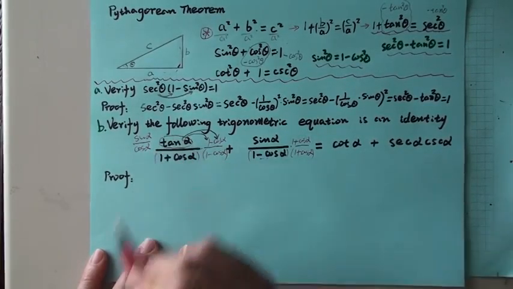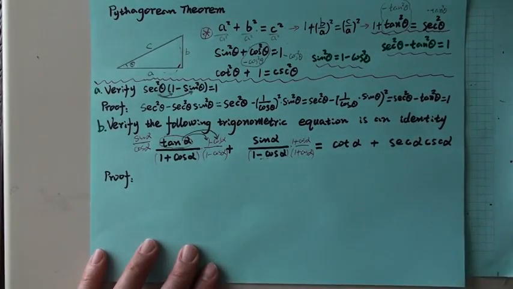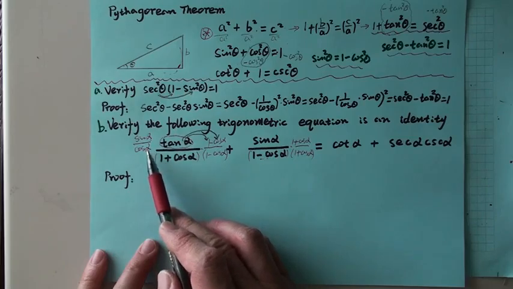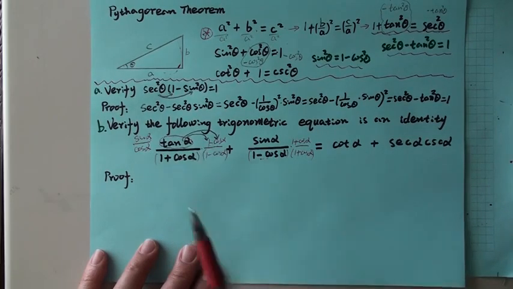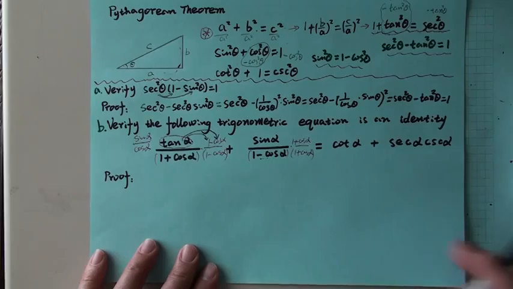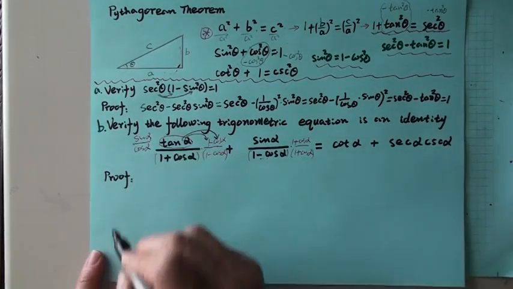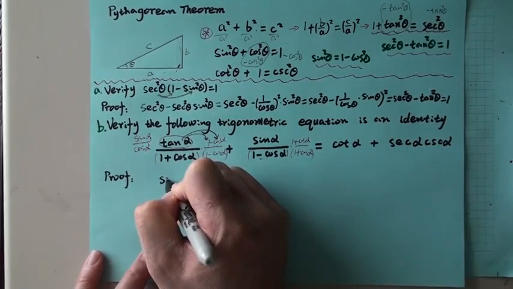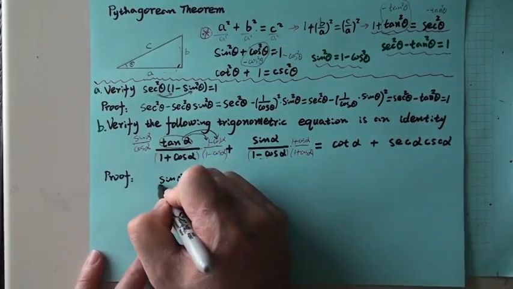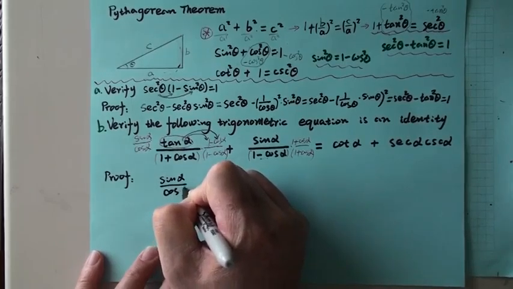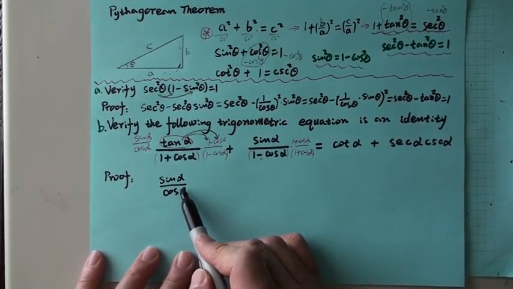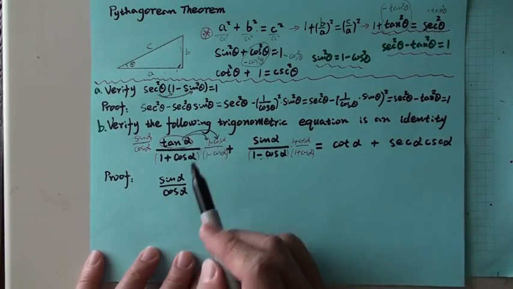So when you do the multiplication, you want to do sine alpha over cosine alpha times that. So what do we get? The left hand side is sine alpha over cosine alpha, this is tangent, times 1. So you get the same, because here it is 1.